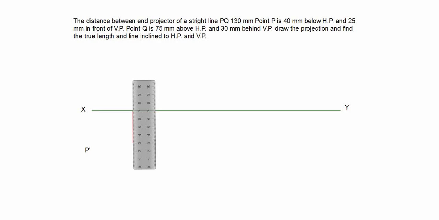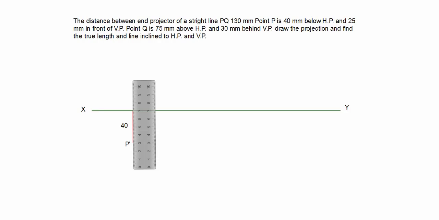You can mark the 40 mm. All dimensions are in mm. So we mark the 40 mm here, and 25 mm in front of VP.